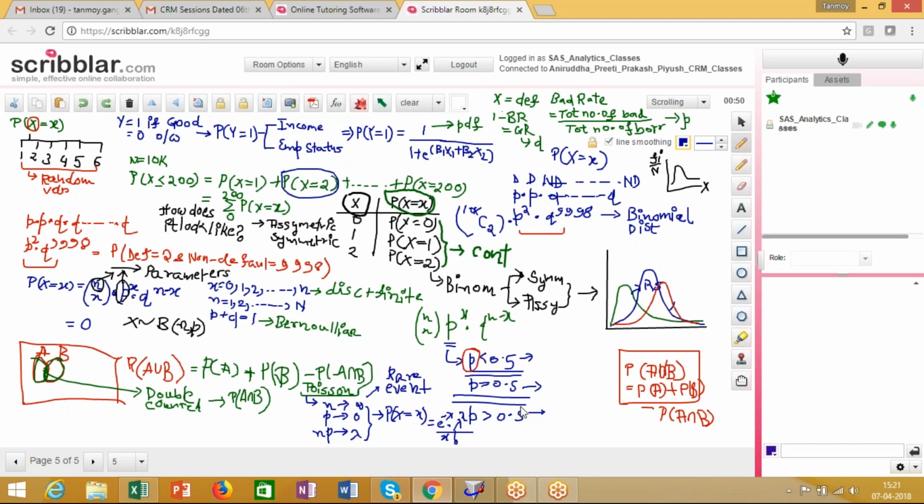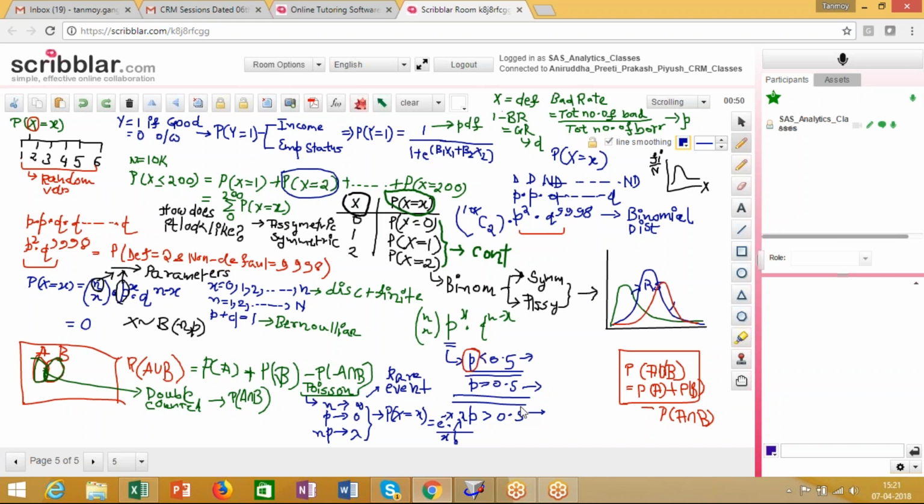Now the next question is, what does the Poisson distribution look like? It is a very skewed distribution again.